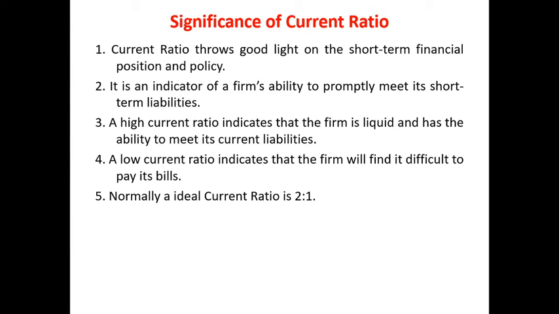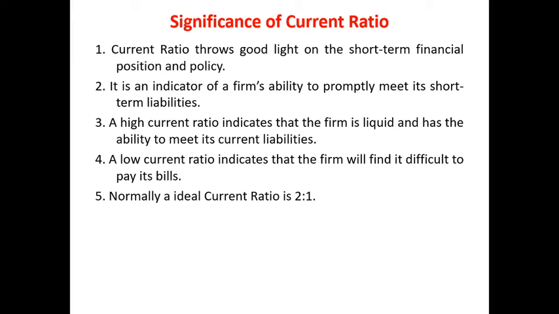Next, the fourth one. A low current ratio indicates that the firm will find it difficult to pay its bills. It means if the current ratio is less than 2:1, it is difficult to pay all the dues.